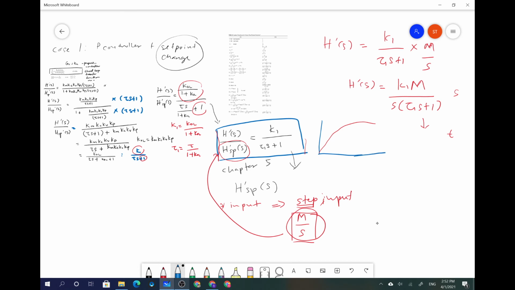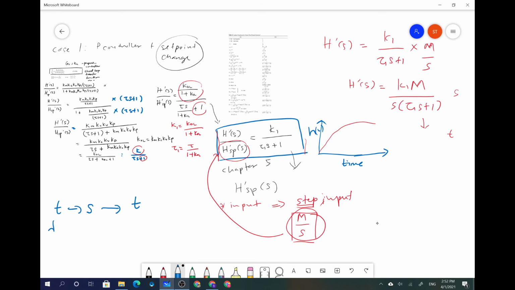Because this response is in T domain, where here is time, and here is the response H in T domain. Meaning to say, from T domain, which is a dynamic model, we convert to S domain, which is a transfer function, and we have to go back to the T domain to solve it.